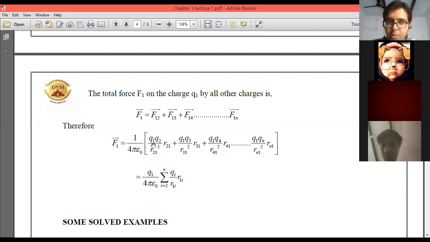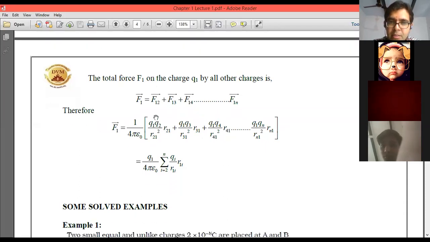Now it can further be expressed as Q1 Q2 upon R21 square multiplied by R21 unit vector, plus Q1 Q3 upon R31 square multiplied by R31 unit vector, plus Q1 Q4 upon R41 square multiplied by R41 unit vector, and so on. This Q1 upon 4 pi epsilon naught can be taken out, because Q1 is constant, and the other terms can be put under a summation with Qi.